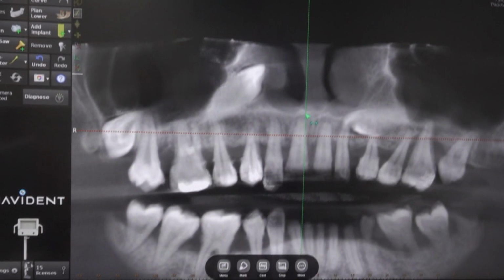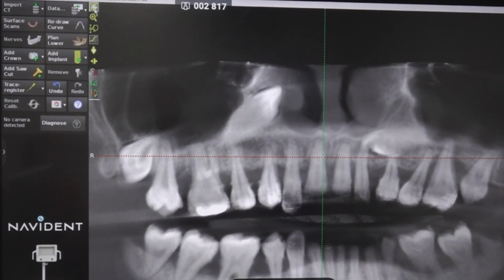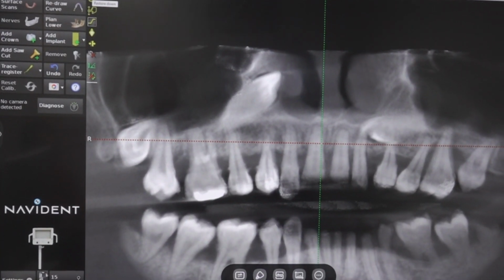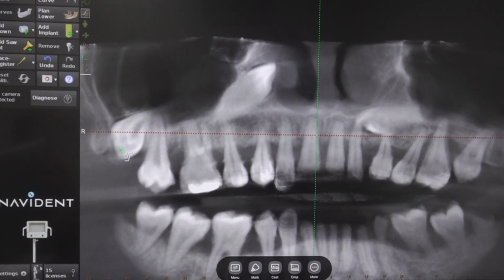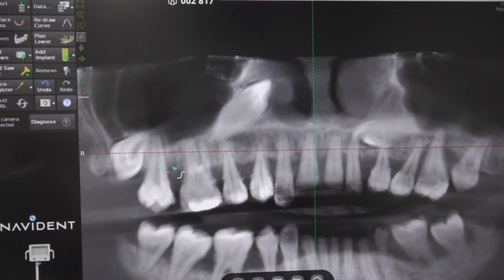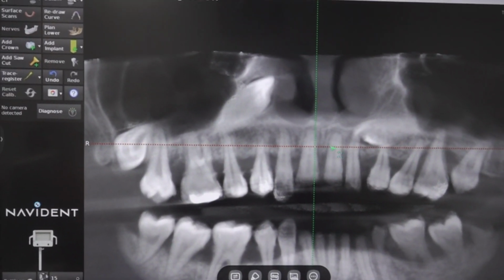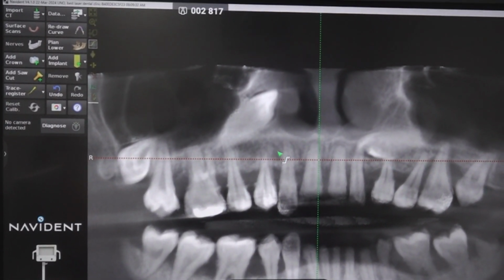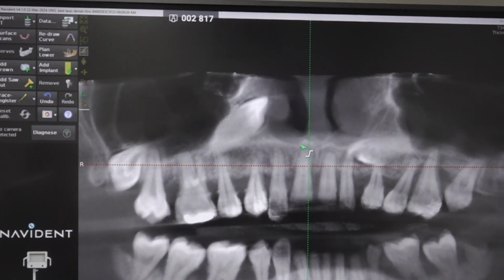So whenever the root apex is close to the nasal floor, it becomes a challenging situation. Here placing pterygoid may be a challenge because it is an impacted eight; after removing the impacted eight, here the pterygoid looks good. So anteriorly the available bone is less because the basal bone available beyond the apex is less.